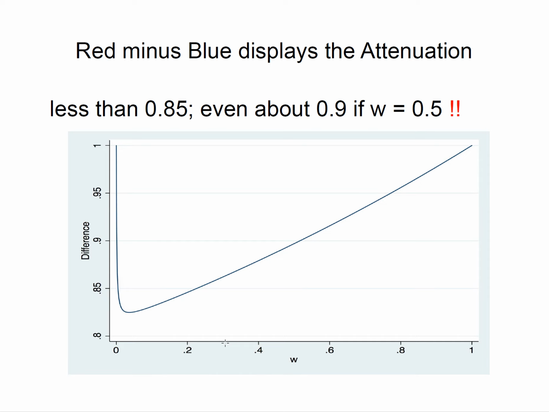In other words, the weight for the unexposed is the same as the weight for the exposed, or the fraction. The fraction for those unexposed is the same as the fraction for the exposed. Nevertheless, we have that the vertical distance is not constant.